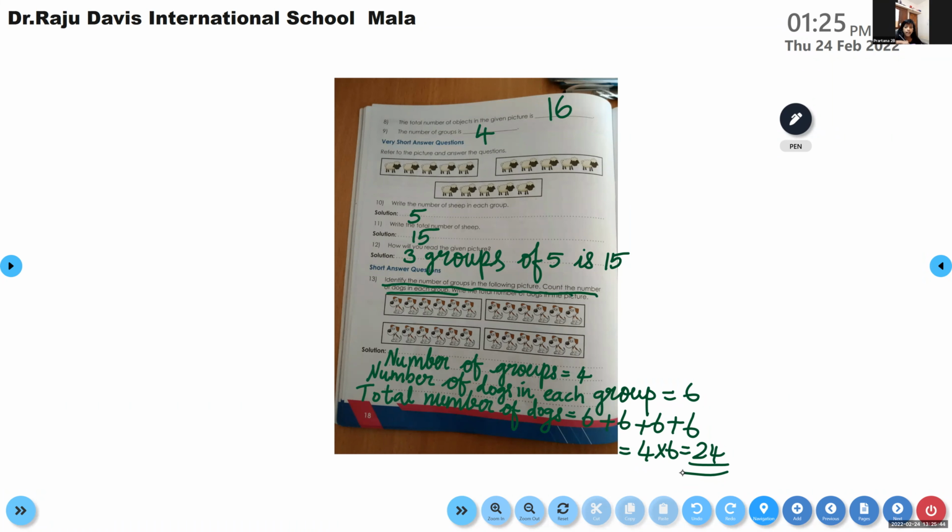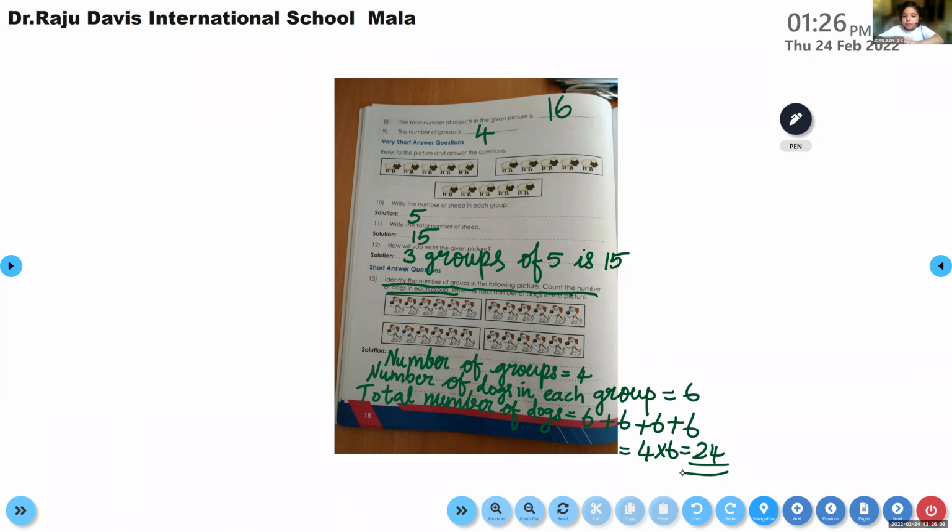Ma'am, table of 7, can I write in homework? Wait. I want to tell you one thing. Let them complete the answer. Total number of groups, 4. Number of dogs in each group, 6. Total number of dogs, 6 plus 6 plus 6 plus 6. That means 4 times 6.